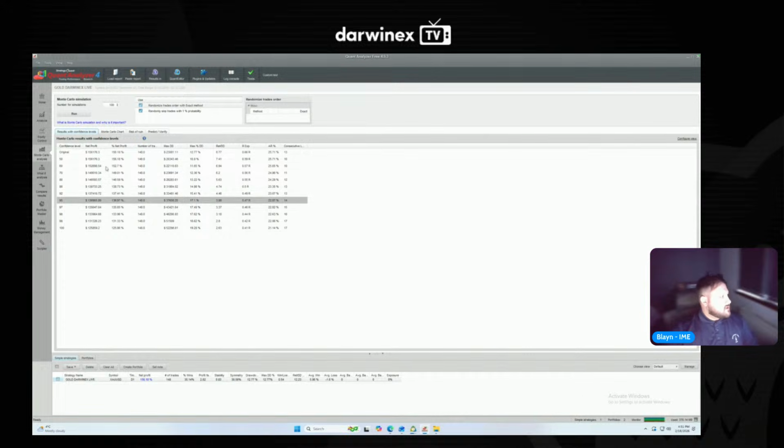Okay, so going back to this, we can see the net profit is $156,000, so 156%, with a 12.77% drawdown. With the random results, in a different sequence, 95% of the time, or most of the time, we're seeing an average drawdown of 17% with only 136% return.